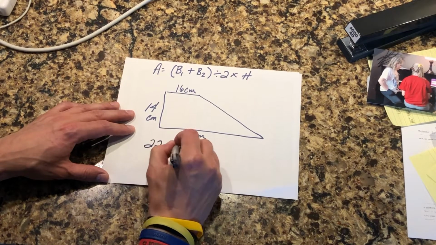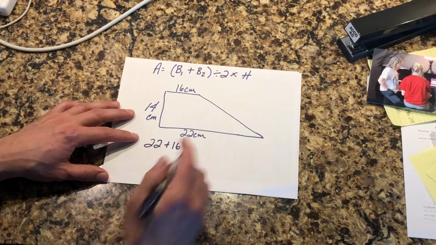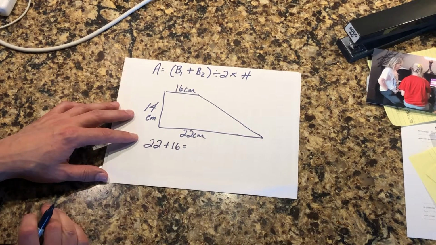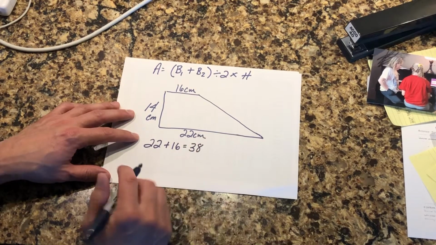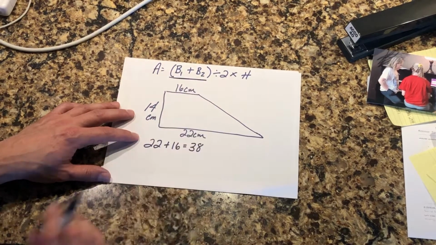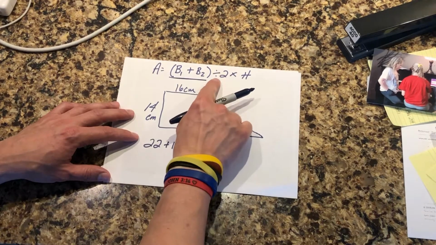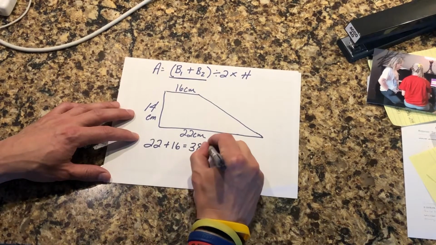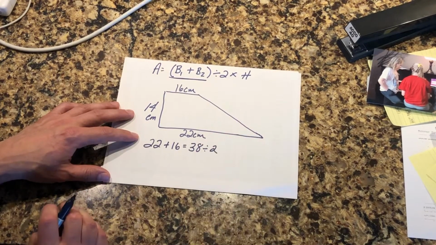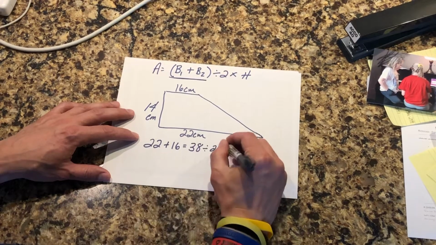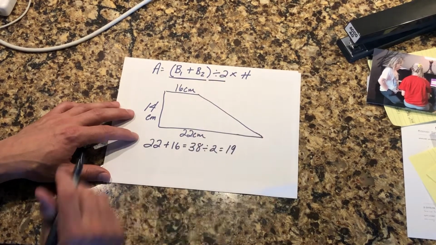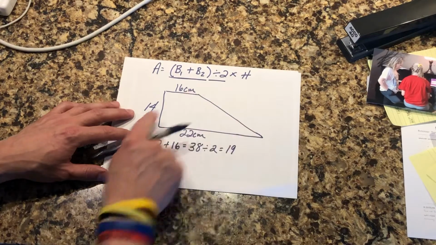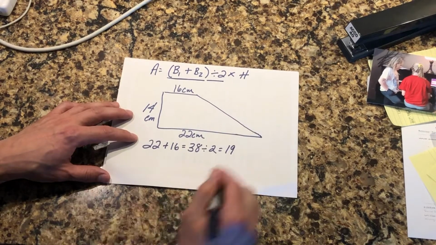So I'm going to add those up first, and 22 plus 16 should give me 38. So that part is done. We don't have to worry about that anymore. Following PEMDAS, the next step I do is divide by 2. And 38 divided by 2 should be 19. So that part's done. And then the last thing I need to do is take it times the height, and the height of this trapezoid is 14.